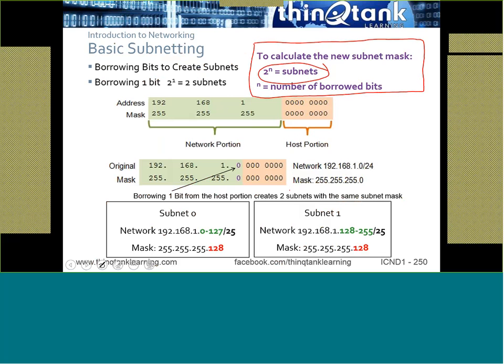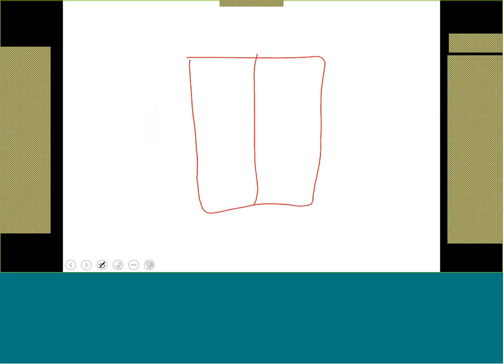That's the concept of subnetting, taking a large network. But going back to our diagram here, how many people can that meeting space hold? 100 people. How many people can those 2 meeting spaces hold? 50 people. How many people can those meeting spaces hold? 25 people. So every single time you're borrowing a bit, you're creating smaller networks, but you're creating more of them. Does that make sense?